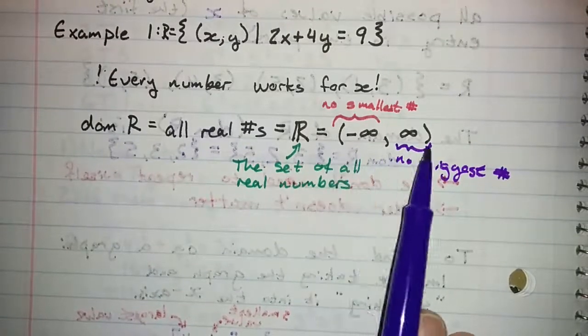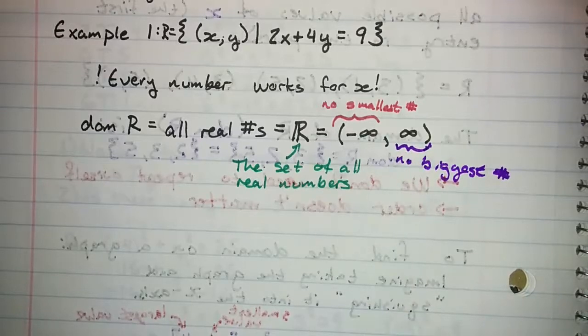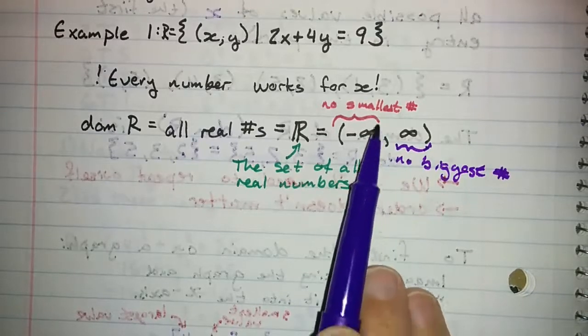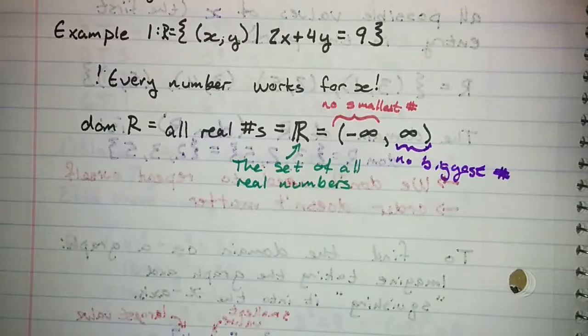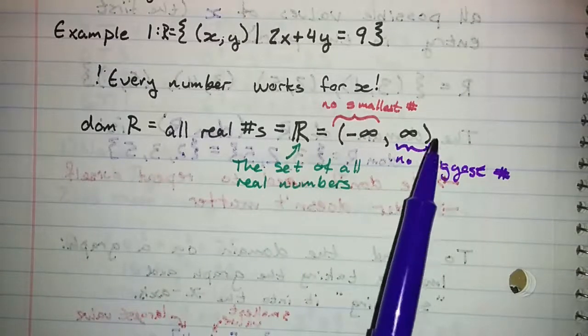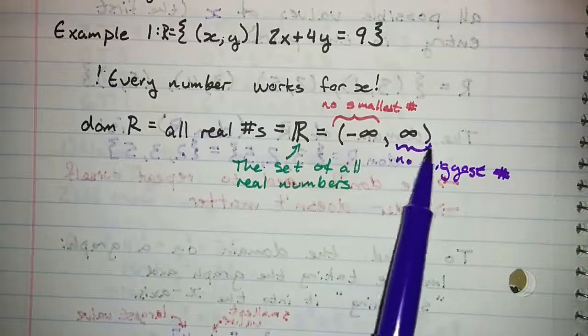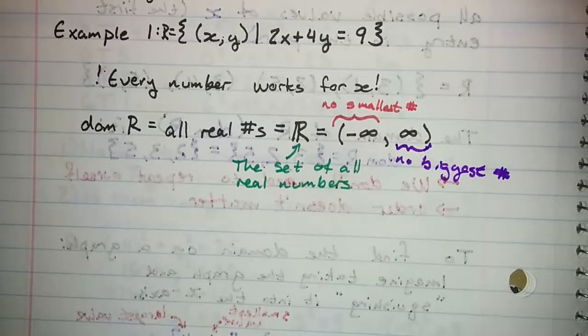We never write either kind of infinity with a square bracket. We always write negative infinity as a left endpoint. It can't be a right endpoint. We always write positive infinity as a right endpoint. It can't be a left endpoint.